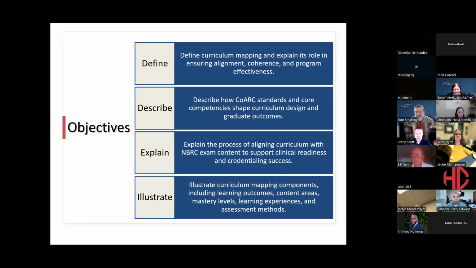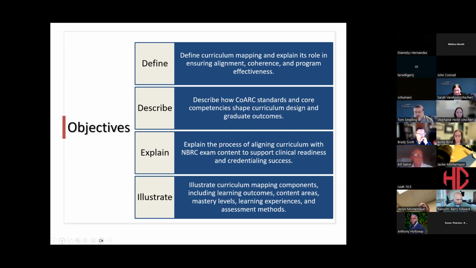A number of you may already have curriculum maps that you're using, but we just want to emphasize that there's no one right way to do the curriculum mapping. We'll move from definition, with a focus on the COARC standards, the brand new ones, to application. These objectives build intentionally from a foundation to applied learning.